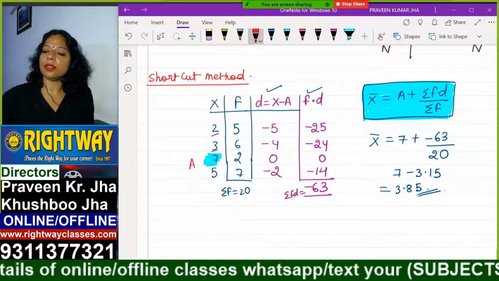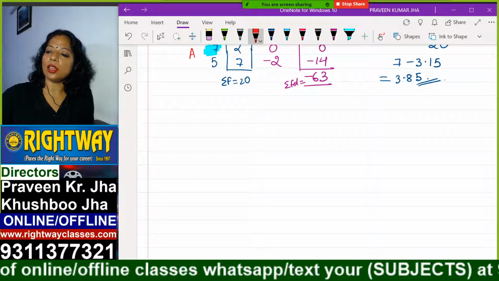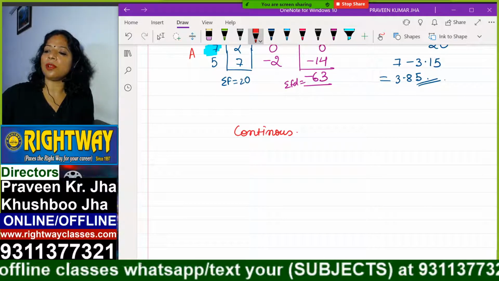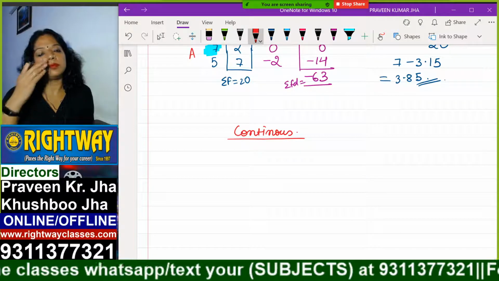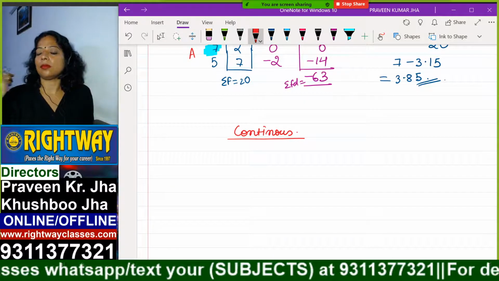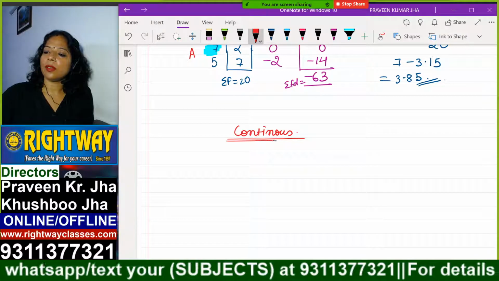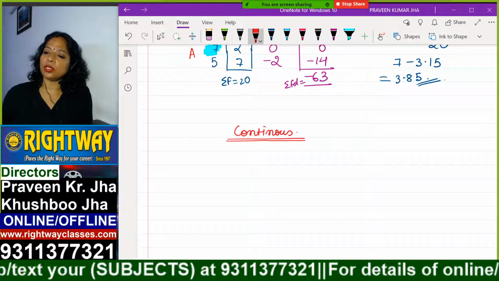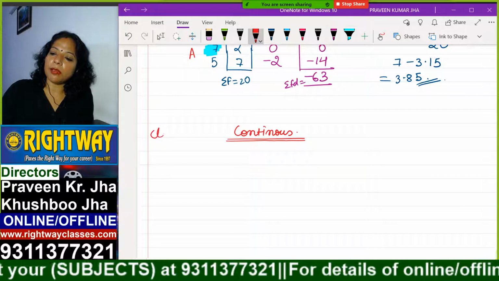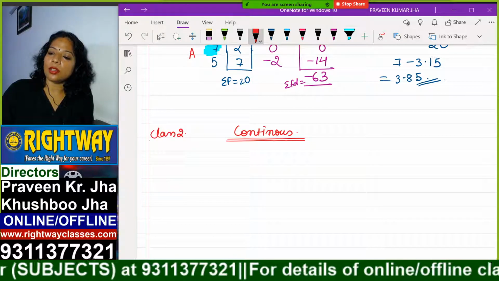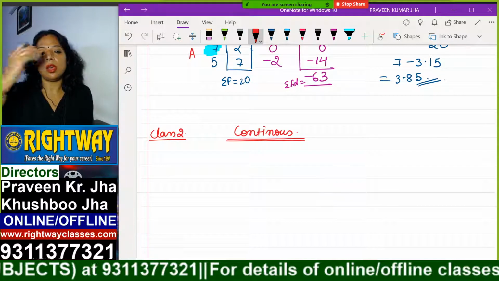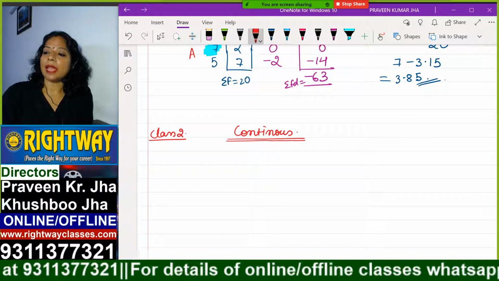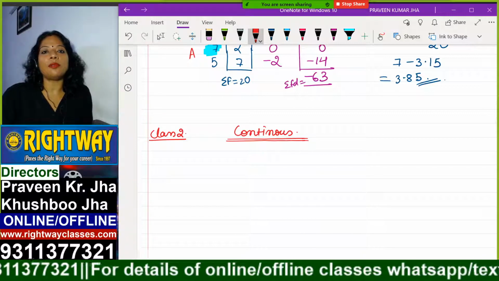Next is continuous. So should we do continuous today, or should we wait for your friend also? Okay, so we can do continuous tomorrow. That will be our class 2. In continuous we will be doing three methods, and then we will do properties of mean.